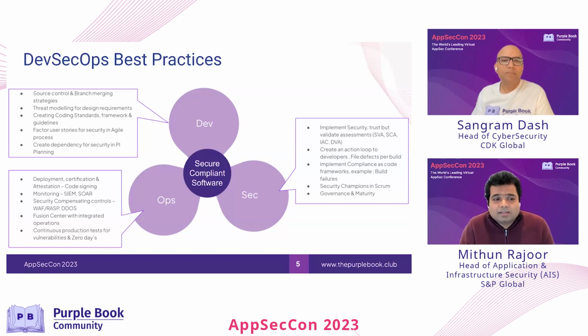And factor in user stories for security in the agile process or the agile release trains. What that means is security should be flagged as a blanket dependency within the PI planning process. Obviously, a lot of people use the SAFe agile framework and different agile process models. Security should be baked in by default. There has to be a dependency, giving a word of caution for security: hey, we're trying to develop these features, does it have security implications?